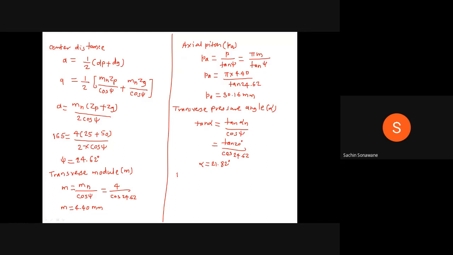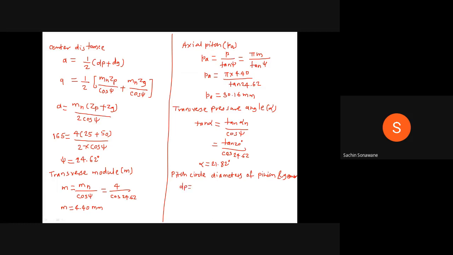Now you calculate the pitch circle diameters of pinion and gear. Write down the pitch circle diameters of pinion and gear.